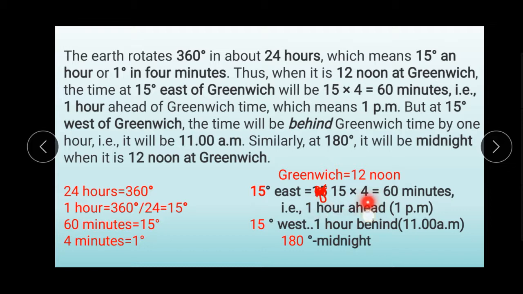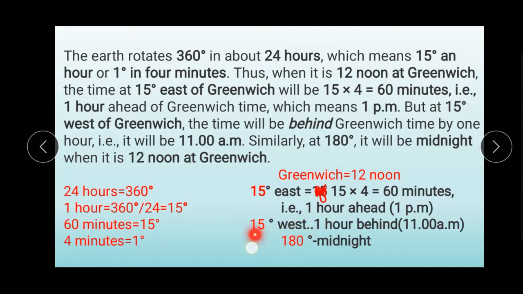So 15 into 4 means 60 minutes. 60 minutes means 1 hour, you all know, right? East means higher time, so we have to add. So when Greenwich is 12 noon, at 15 degrees east we will have 1 hour ahead. That means 1 p.m. Understood? Okay, very good.